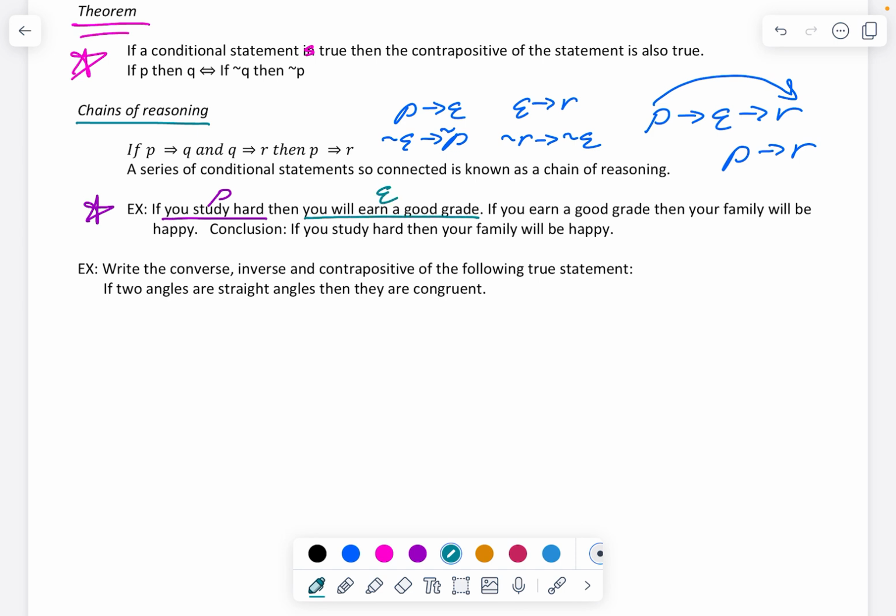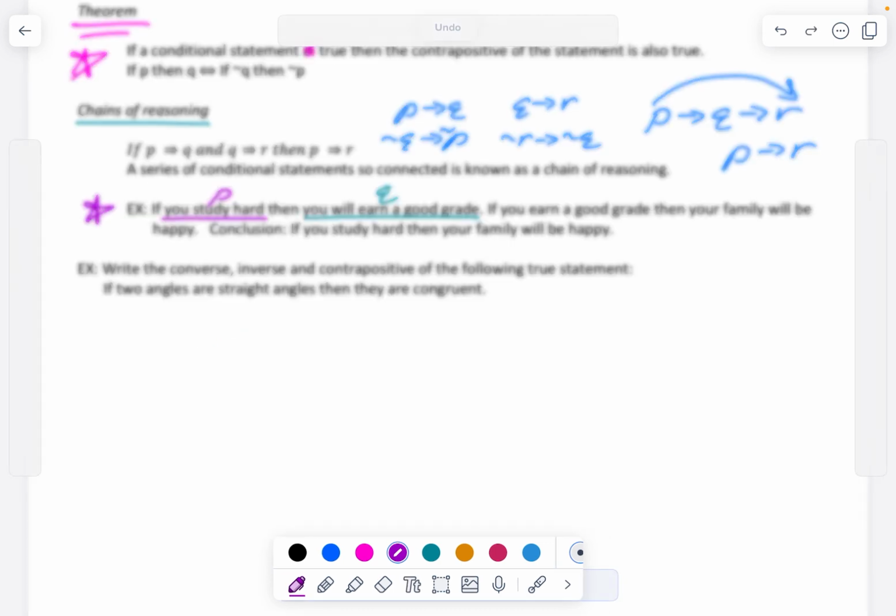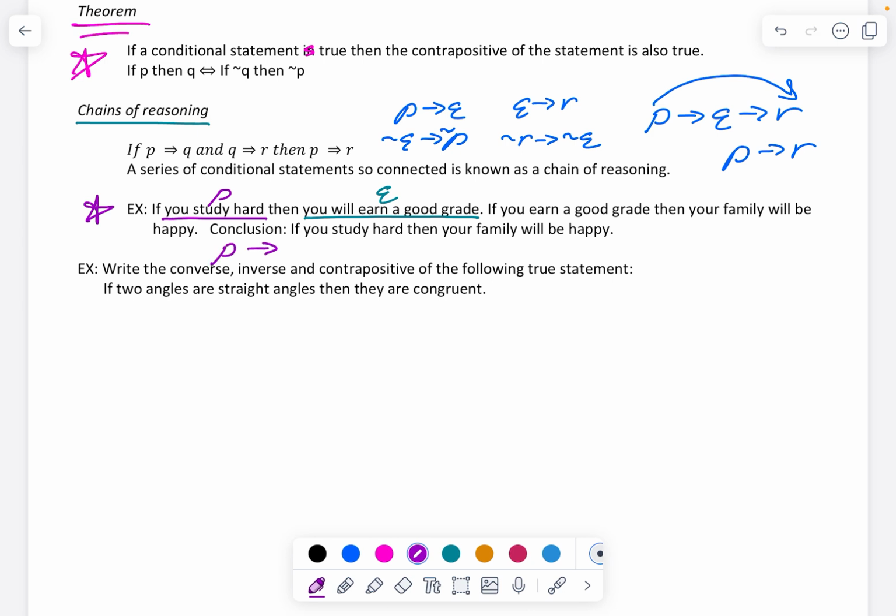That's our Q. And so we have here, I'm going to write P implies Q.